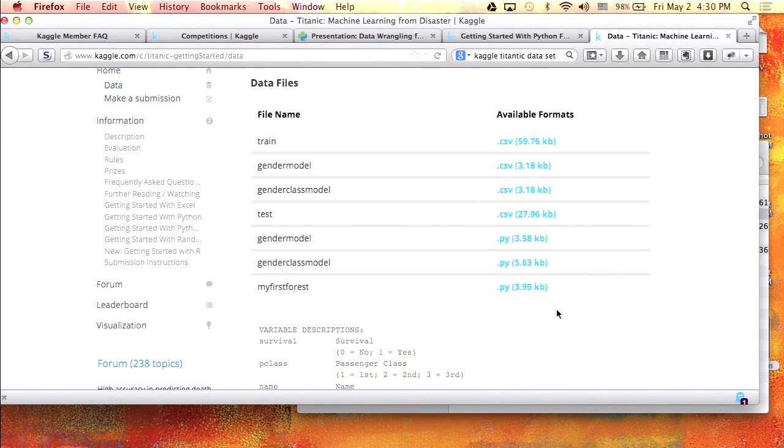There are 6 challenges. So I'd like you to spend the remaining part of the time working on the 6 challenges using this data set. And this is a good way for you to get started with Kaggle. So I'll leave you some time to do that now.